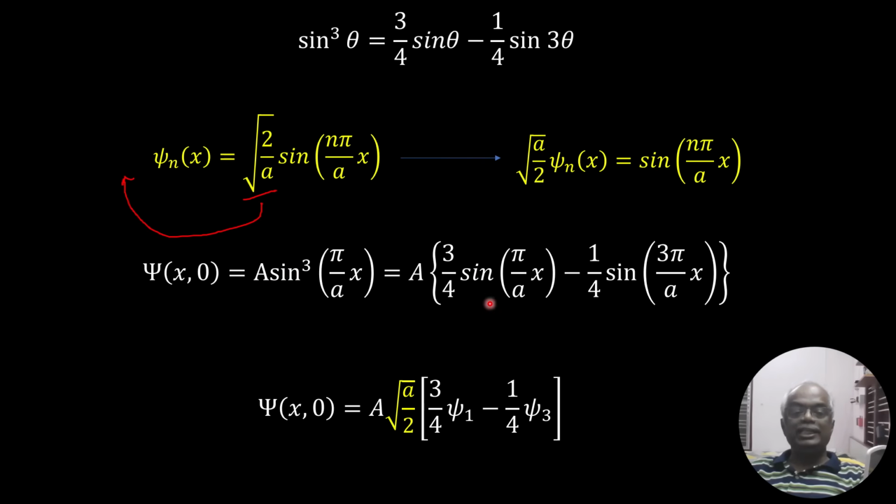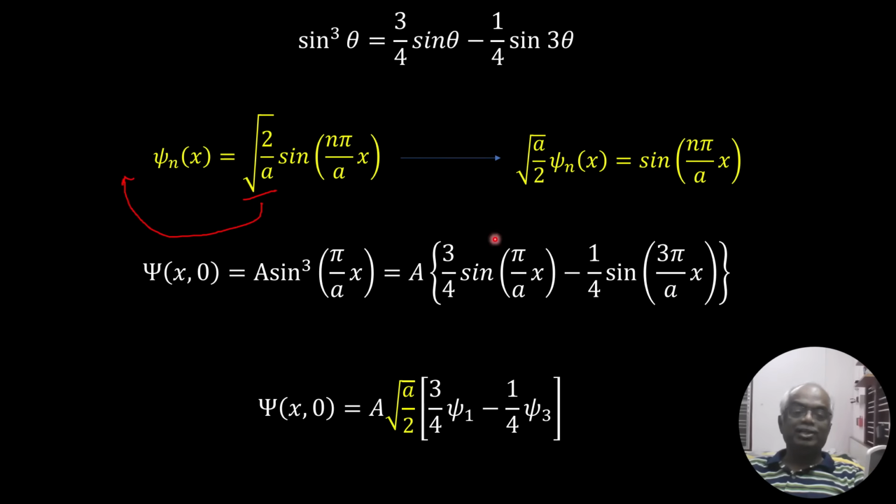You replace it as 3 over 4 sin pi by a x, because in this case n is 1, and minus 1 over 4 sin of 3 pi over a x.